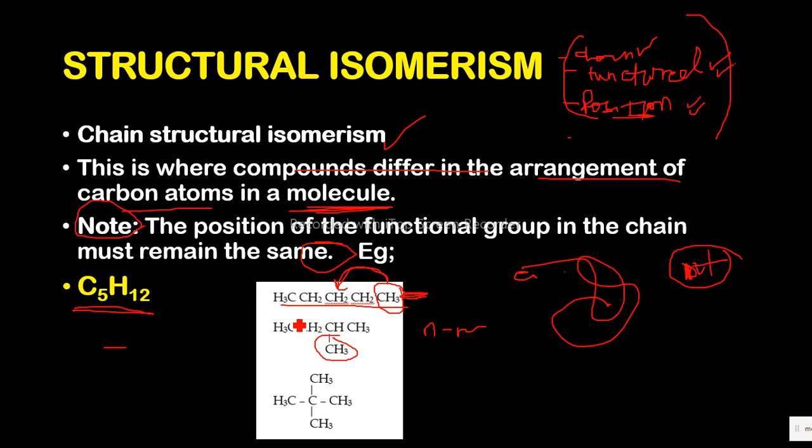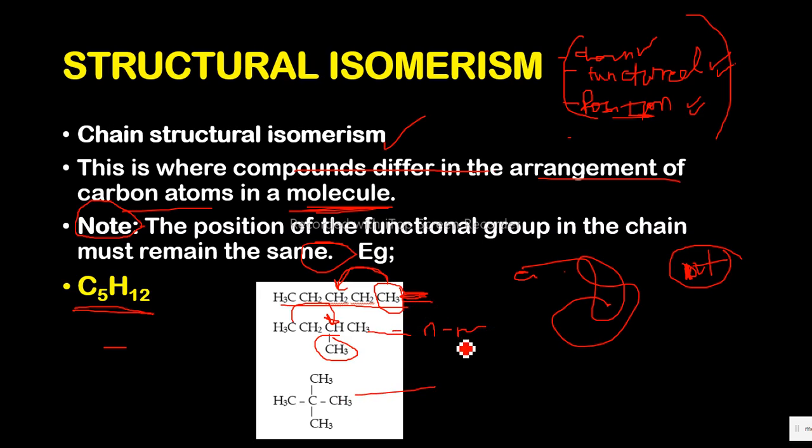But also if I take this and shift it from this position and put it here, it still remains the same molecular formula, and these are different. This is 2,2-dimethyl propane, and it is different from this, and this is also different from this.